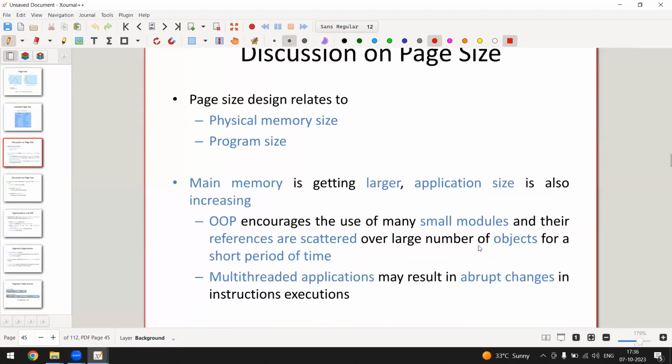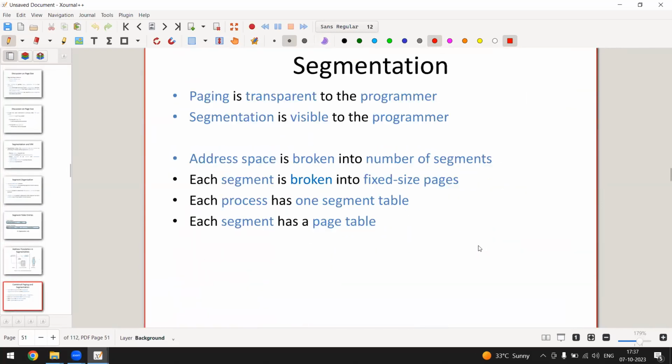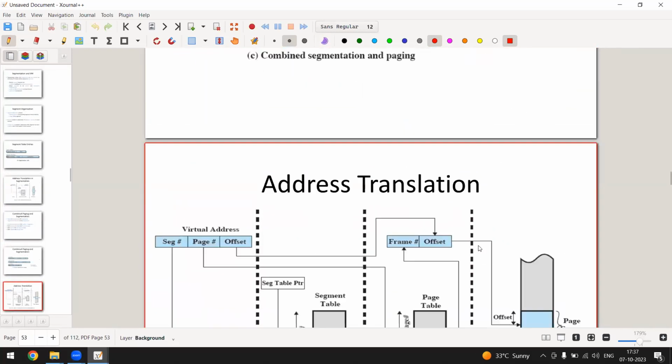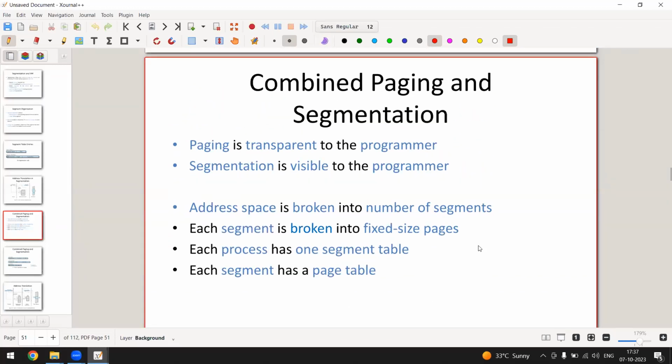We have seen the discussion on TLB, the translation lookaside buffer. TLB is a kind of cache mechanism which acts as a cache to store your recently accessed page table entries.